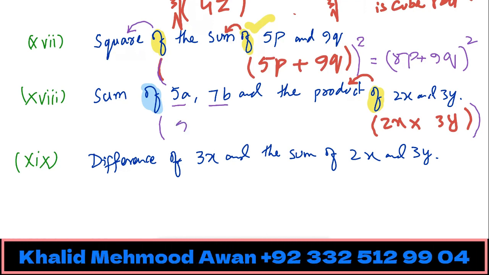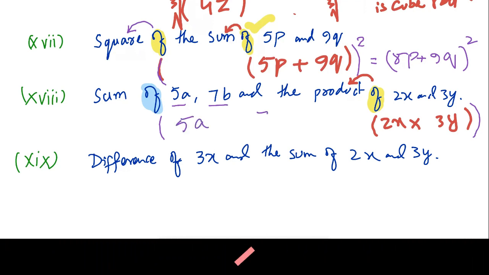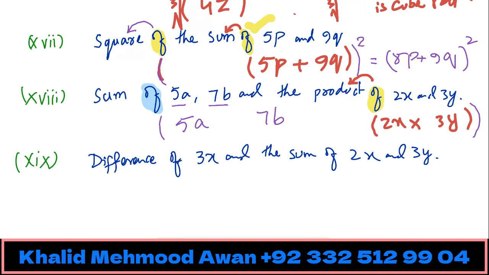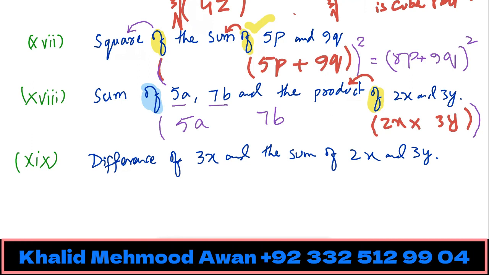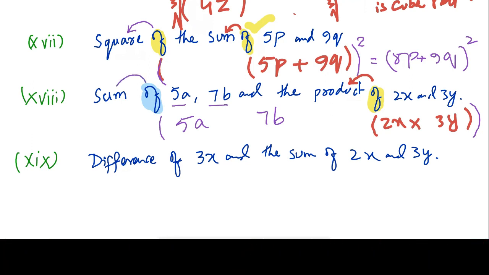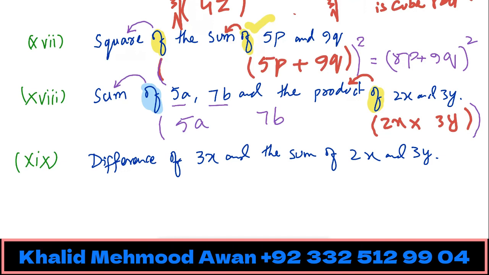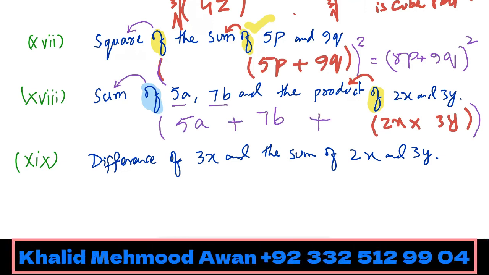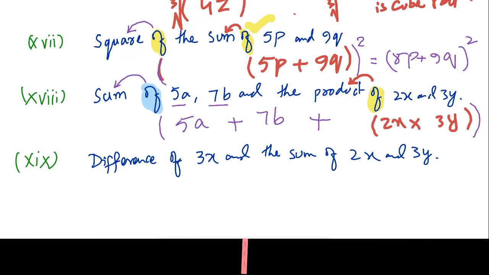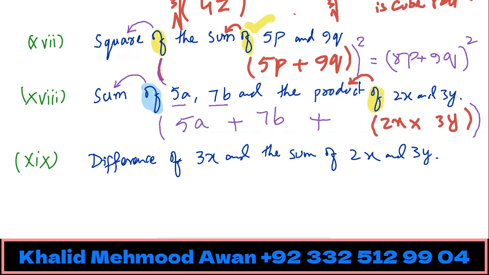So we're writing 5a and then 7b, and 2x multiplied by 3y is already there. Before "of" there is the word sum, so we'll be putting a sum sign, meaning a plus sign, between these things. This is 5a plus 7b, plus the bracket 2x times 3y. So this is how we do it.